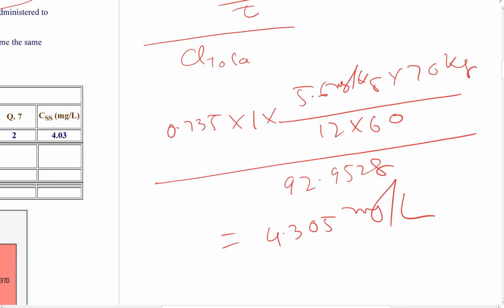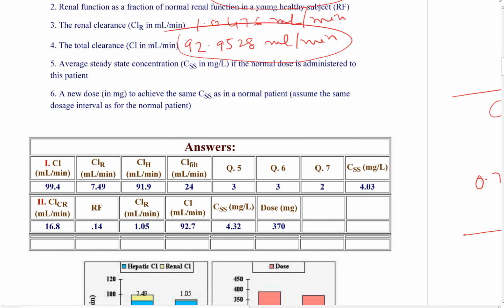This would be your steady state concentration in this patient.